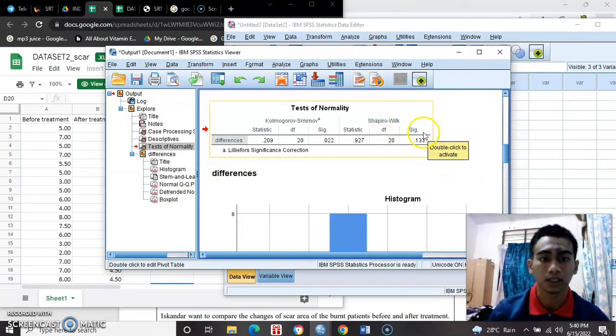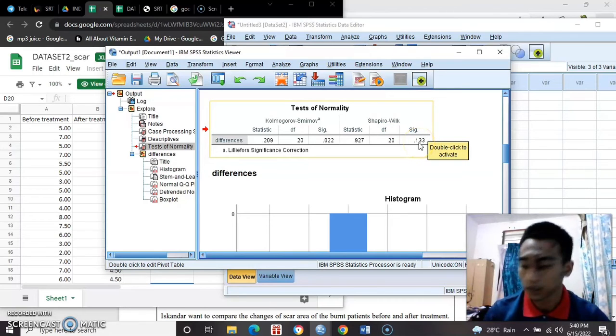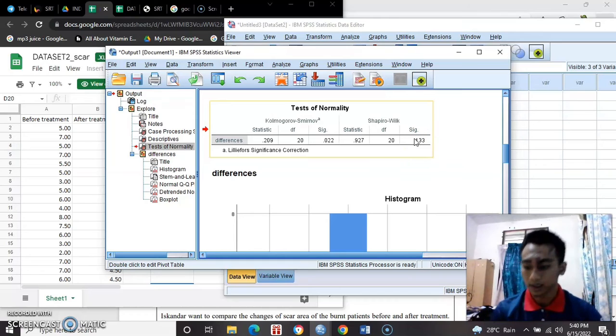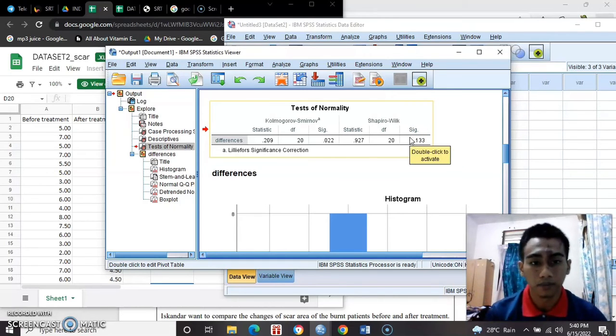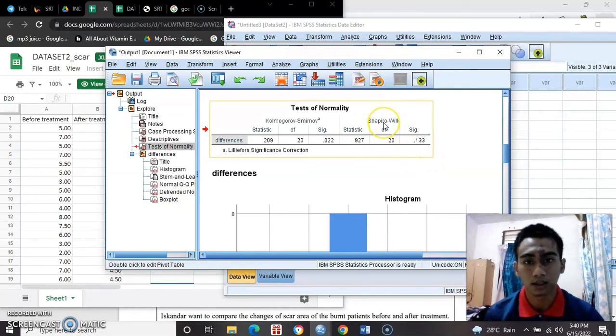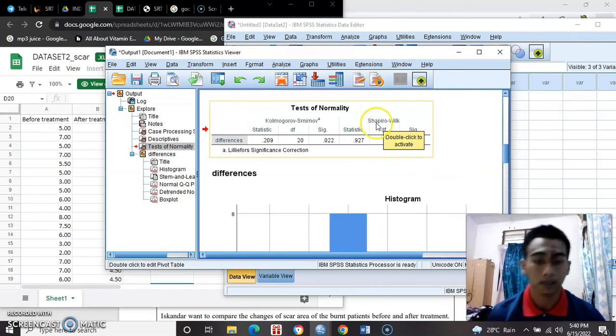So we look at the significance of the Shapiro, which is 0.133, and the p-value is more than 0.05, so the data is normally distributed, and the data uses the paired t-test method.